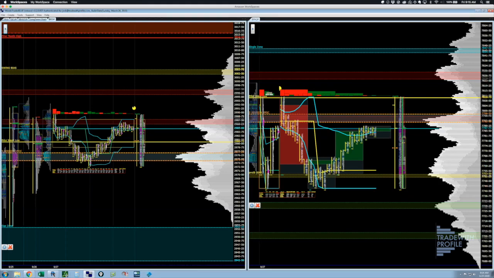Because the only 2 things we can really control are how much we risk and where we desire to put that risk on. Outside of that, we can't control anything. So by defining the trade and being patient for it, there are going to be days where it doesn't set up according to your rules, so you don't take a trade. I'll have at least 1 day a month where I don't take a trade.